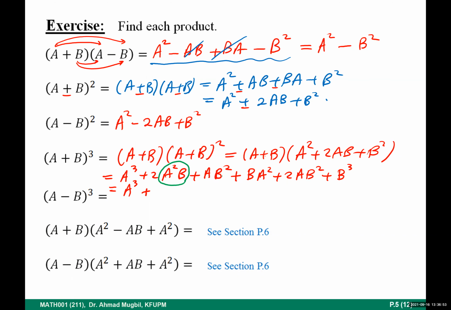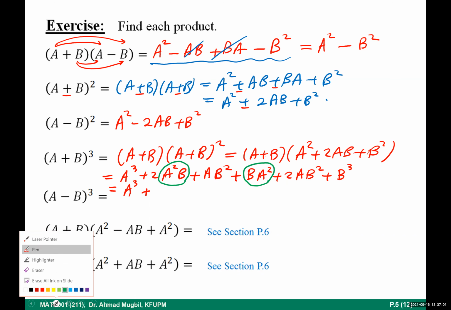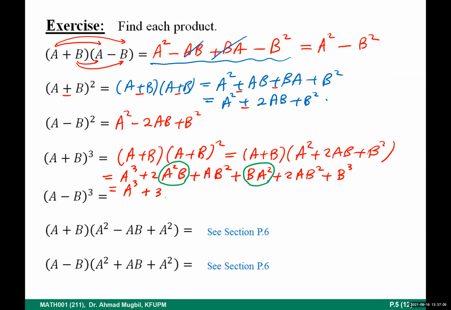Where is another a squared b? Here it is. It is commutative. Multiplication, as well as addition, are commutative. So this will be 2 plus 1, they are 3, so 3a squared b. Similarly, we have here ab squared and here ab squared. So it will be plus 3ab squared plus the last term, which is b to the power 3.